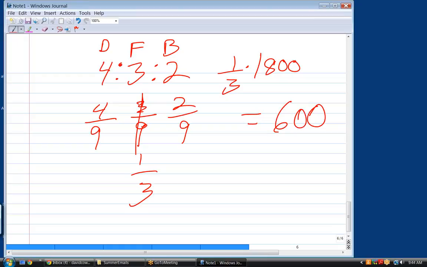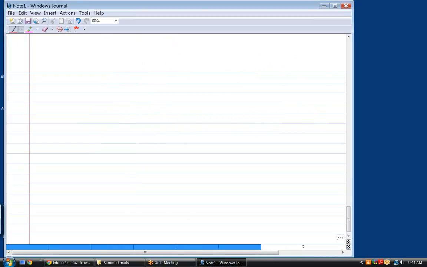Okay, these really are algebra problems. Next one says, if the weight of two ships is 5 to 9, and together they weigh 5,600 tons, how much does the larger ship weigh?